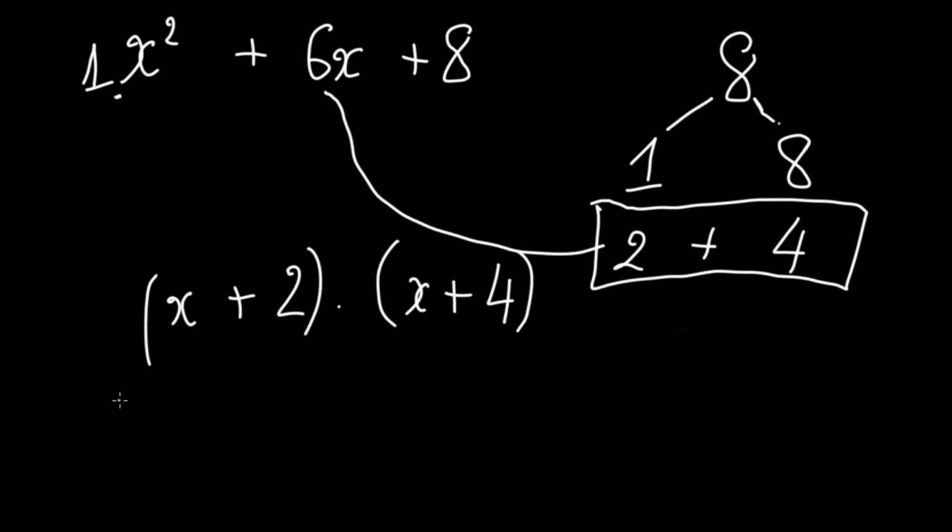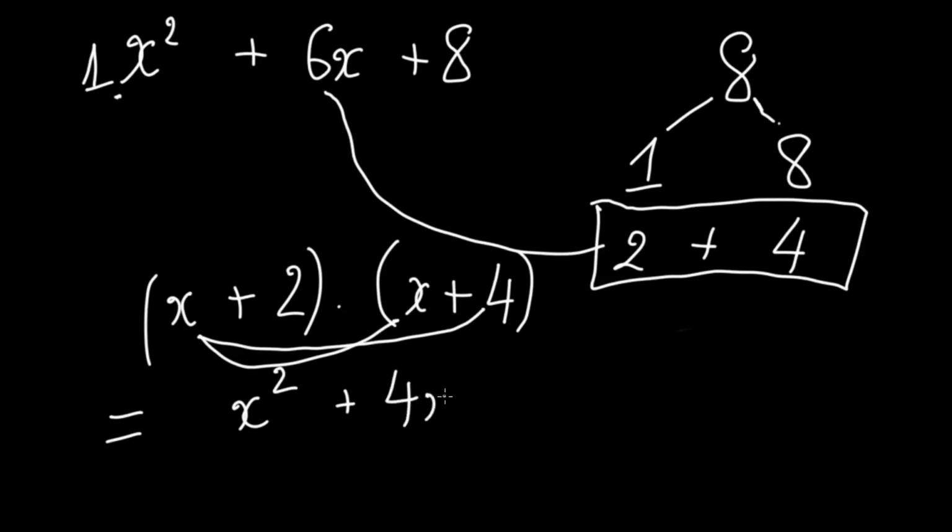You can double check the result by multiplying them back together. You see, x times x equals x squared. x times 4 equals 4x. And 2 times x equals 2x.